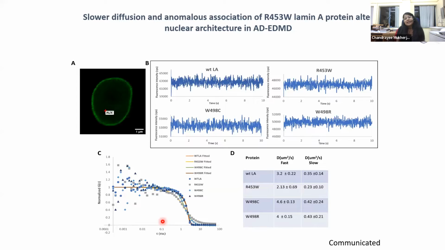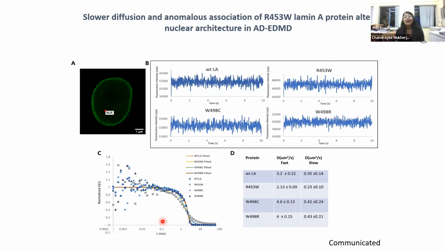And as an extension, I have tried to find the residue specific fluctuations that these mutations are causing inside the protein, and as a whole, how the whole protein dynamics is changing inside the cell nucleoplasm.